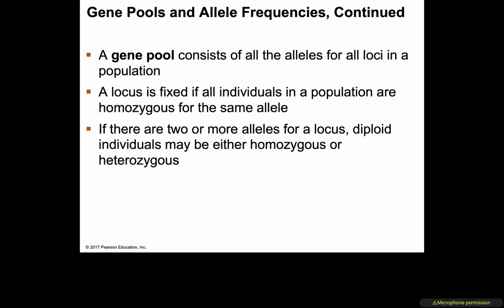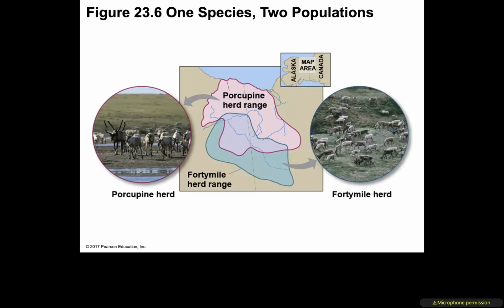All right, well, let's go ahead and stick with the fuzzy antlers. Let's pretend all of these guys have fuzzy antlers, and fuzzy antlers is a dominant trait, okay? So all of these guys with fuzzy antlers being a dominant trait, it could be that they have the homozygous trait for being fuzzy, meaning they got one allele from their mom to have fuzzy antlers and one allele from their dad to have fuzzy antlers.